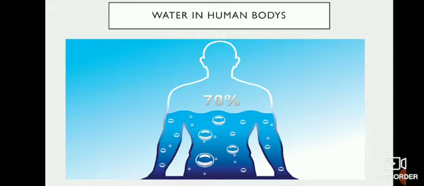We have to replenish water in our body by drinking lots of water, especially in summer. Vegetables and fruits are also sources of water to our body. Water is the medium of transport for various substances in our body, and it is very necessary for maintaining body temperature. And water also helps in the digestion of food in our human body.